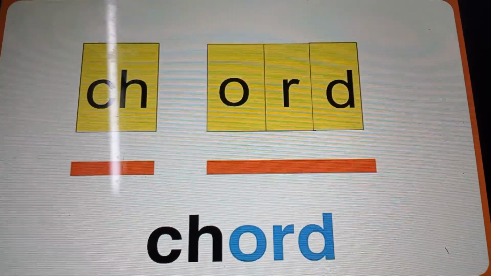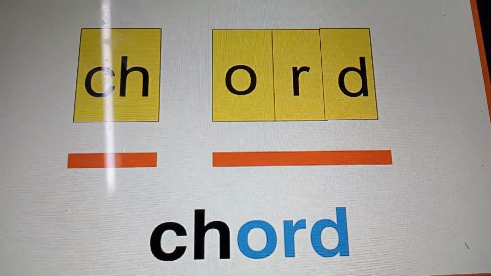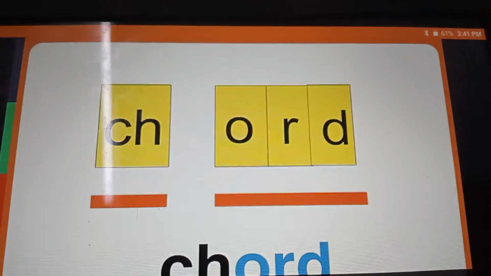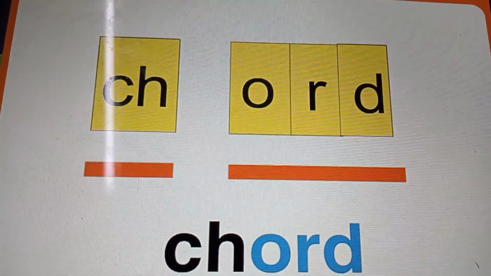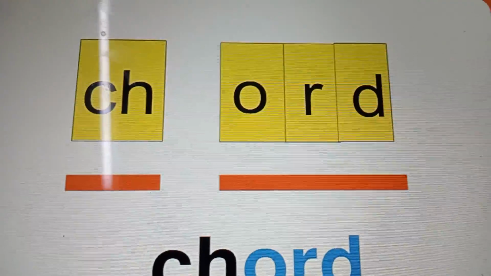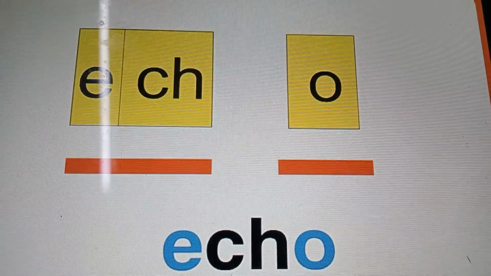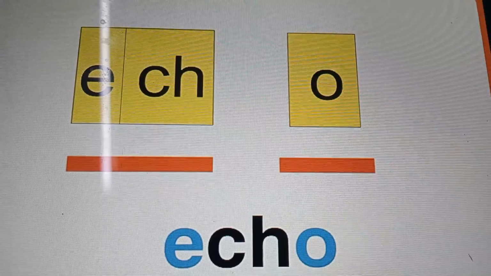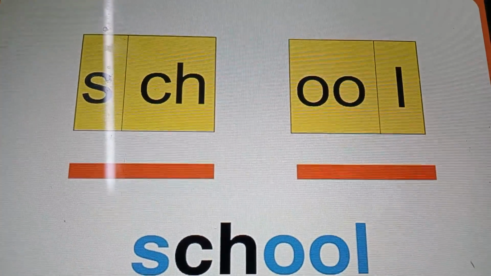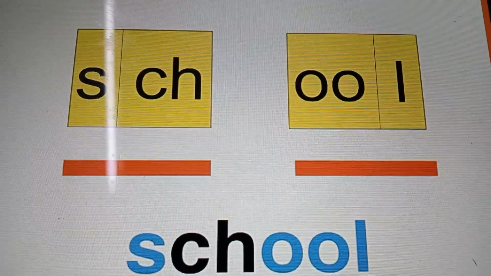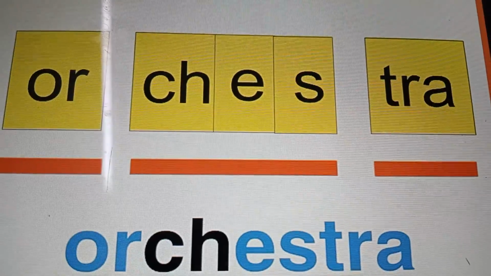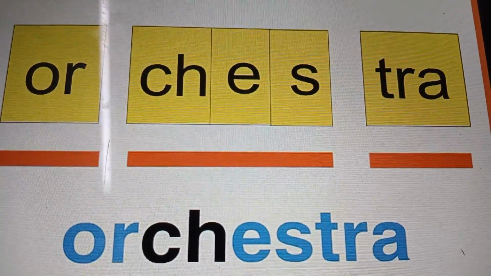Let us learn how to break a word into sounds and read it. Let's see the first word. K, O, R, D. Cord. Let's see the next example. E, K, O. Echo. K, U, L. School. Or K, E, S, tra.